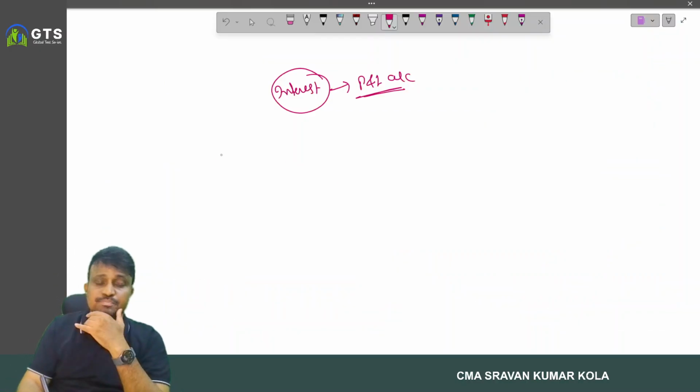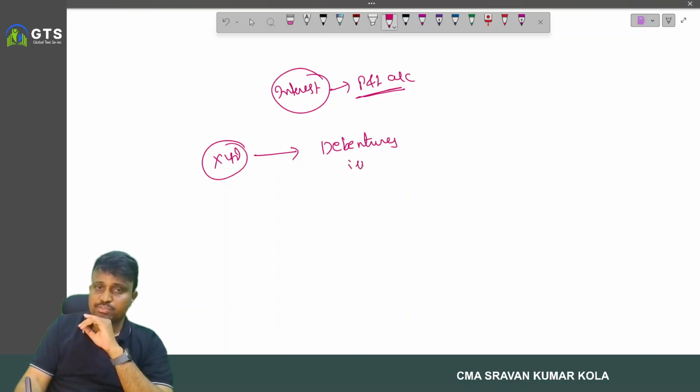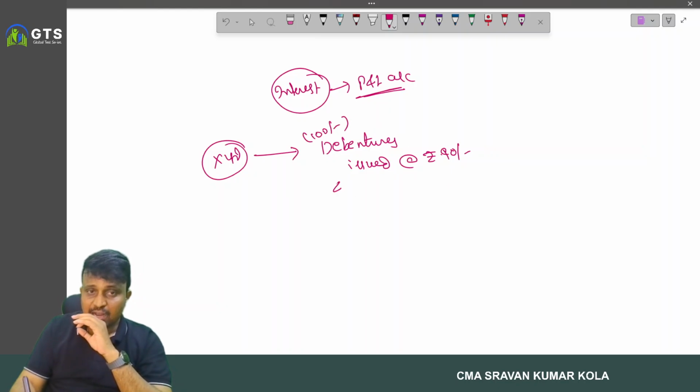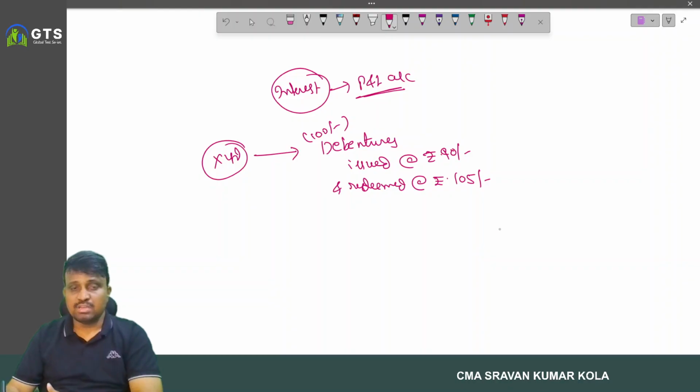For example, a company raises an amount through debentures. The debentures are issued at 90 rupees, the actual value of the debenture is 100 rupees per debenture, and it is redeemed at 105 rupees.